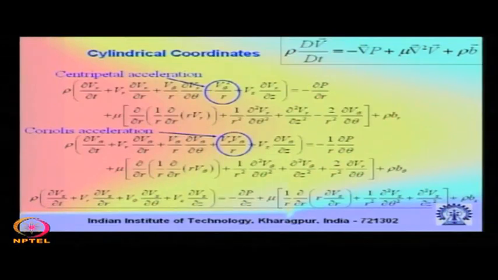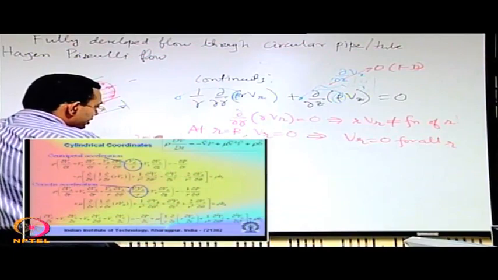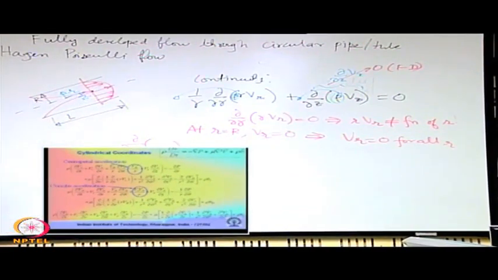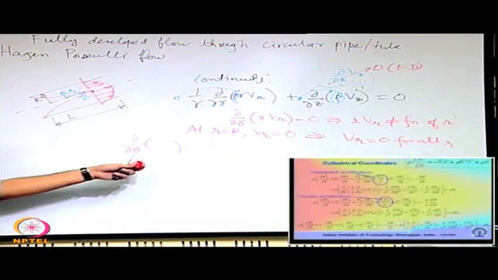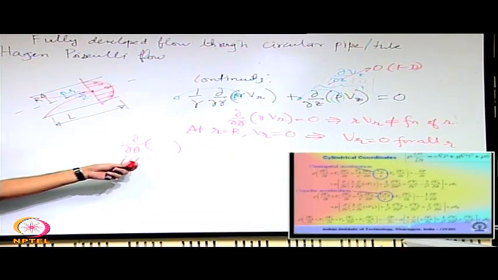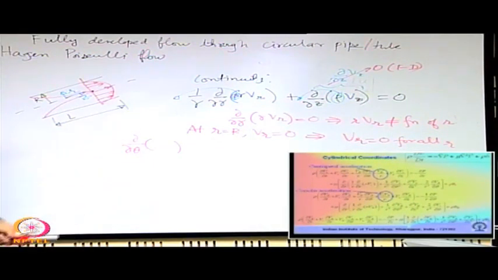So if you want to figure out what happens for the derivatives with respect to theta, you look into the equations very carefully. Now when you have derivatives with respect to theta, in all the momentum equations such terms are there. So terms of the form derivatives with respect to theta. Question is that when will it be 0?